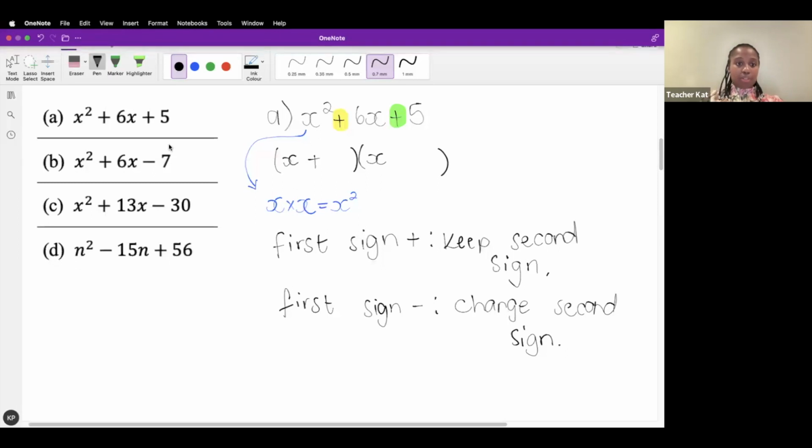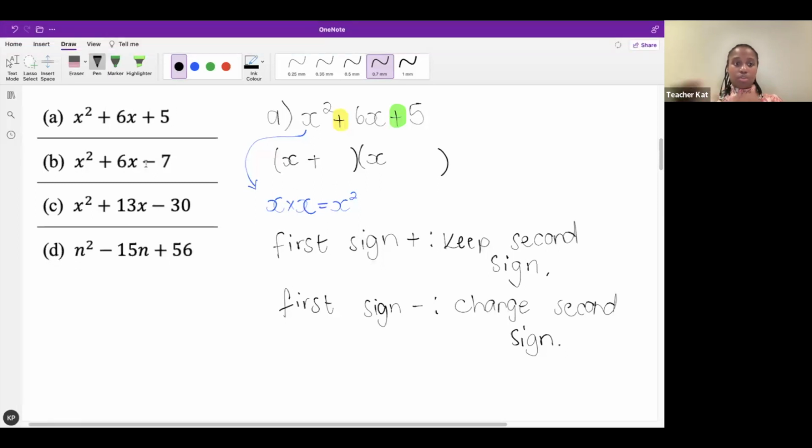Come, guys, we need to participate. For you guys to get this, we need to communicate, right? So my first sign is positive, so it's a keep. Thank you, Lily. So if I'm saying keep my second symbol, what will the second bracket have?